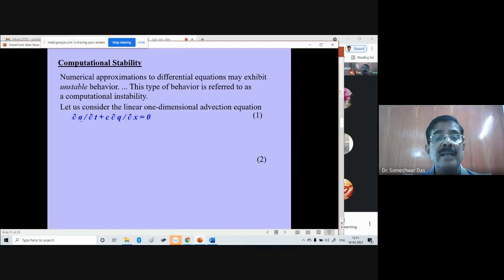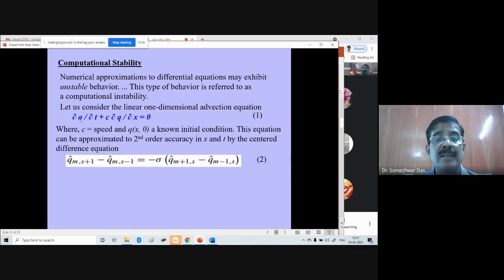When we try to solve this equation, we have to discretize it. Discretization means you have to expand it in space. Here c represents the speed, and q, which is a function of x, because it's one-dimensional, has a known initial condition: q at x and time equal to 0, the starting time.